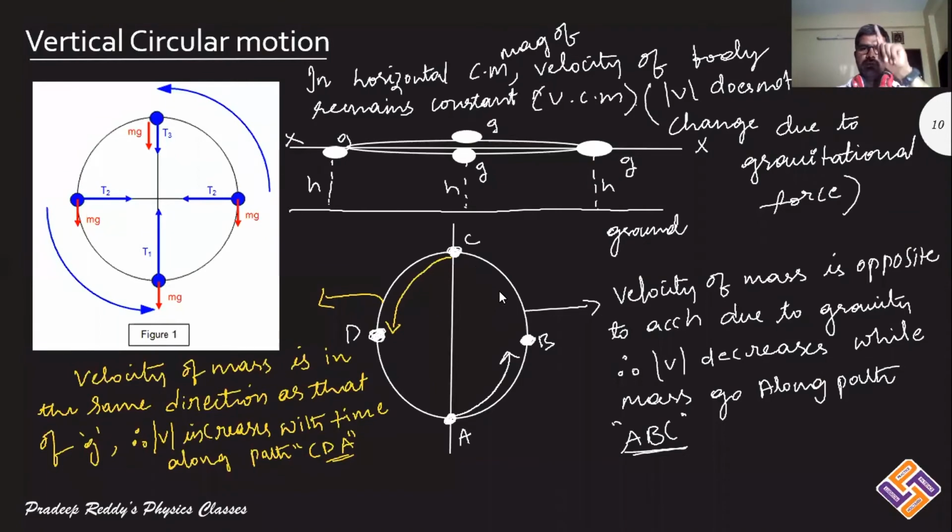As a result, when it comes down, velocity increases with respect to time. So in case of vertical circular motion, what is your observation? Magnitude of velocity is not constant. That's the important thing we should understand in case of vertical circular motion.